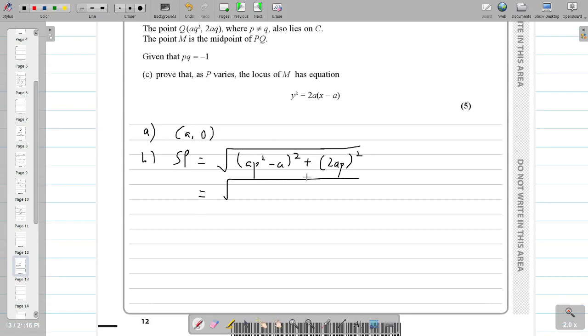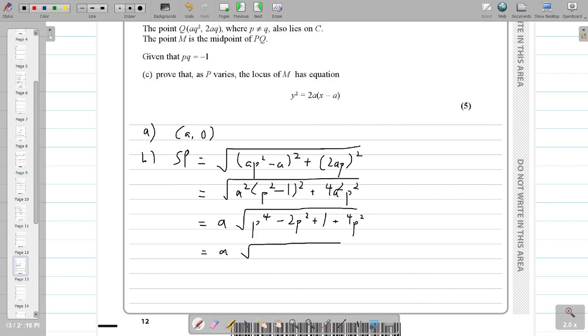So let's try and simplify this. We're going to get A squared, because we're factorizing A out, P squared minus 1 squared plus 4A squared P squared, which is going to give us, let's factorize A squared out of both of them. So we're going to get A square root P to the 4th minus 2P squared plus 1 plus 4P squared.